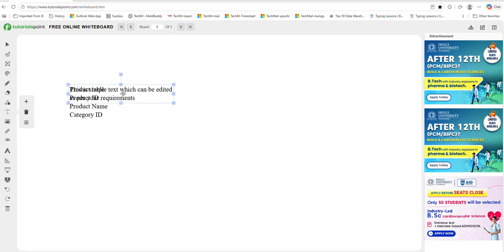Now I'm writing about category table. In category table, the columns are like category ID. Okay.